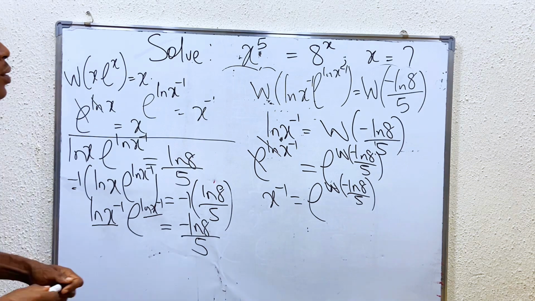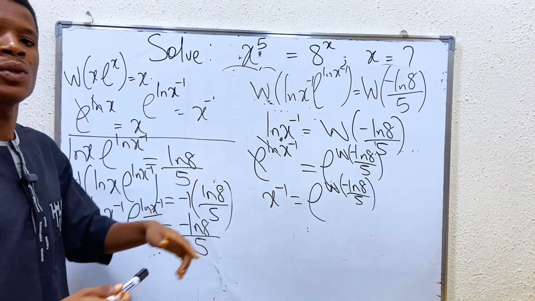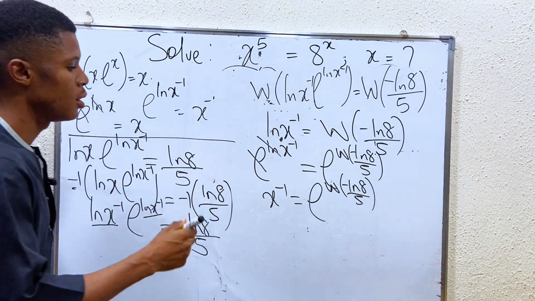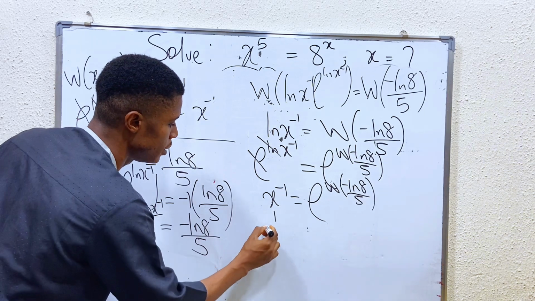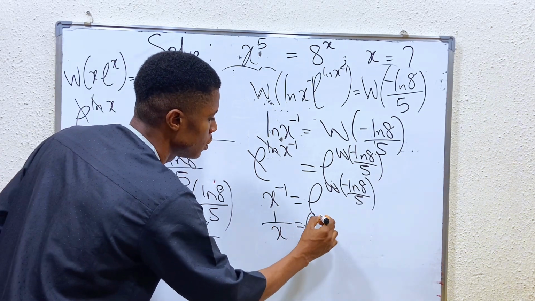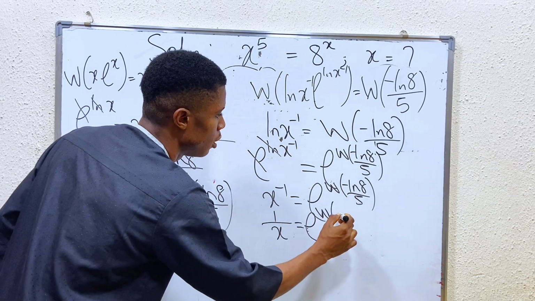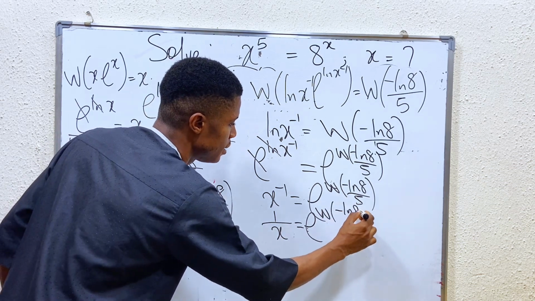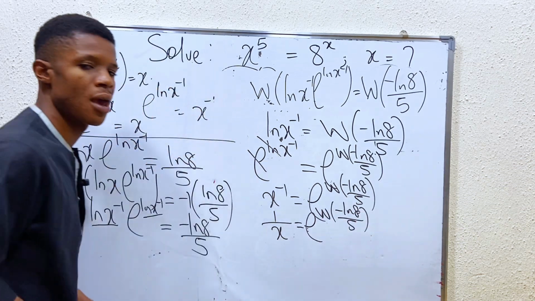This reduces this to x^(-1), and that equals e raised to the Lambert W function of minus ln 8 over 5. This is just a minus, which means 1 over. So we can write it as 1 over x = e^(W(-ln 8 over 5)).